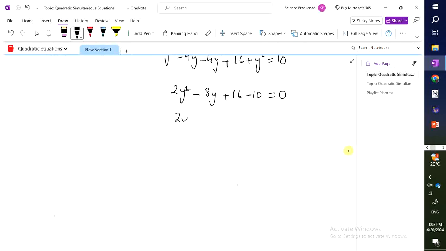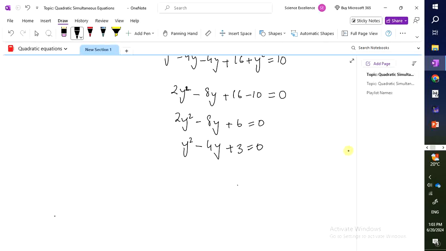Now it can be written as 2y squared minus 8y plus 16 minus 10, which is positive 6, equals 0. Now we can see this equation is divisible by 2, so we divide the whole equation by 2, and we're left with y squared minus 4y plus 3 equals 0.